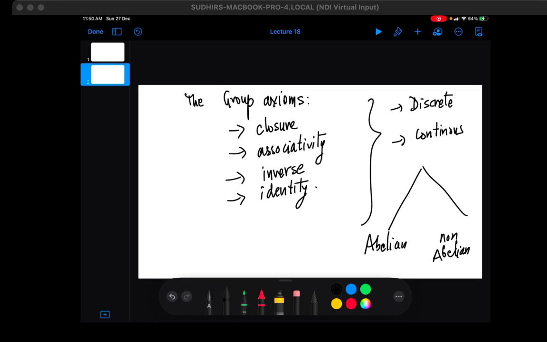Okay, so these were the topics we actually covered, and we started looking at SU2 representations and also the algebra of the SU2 group. We looked a little bit at discrete groups, which was needed.